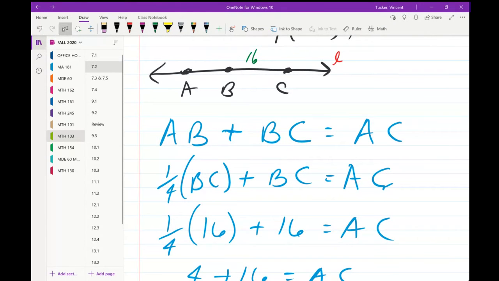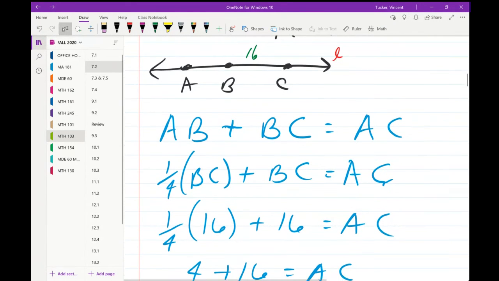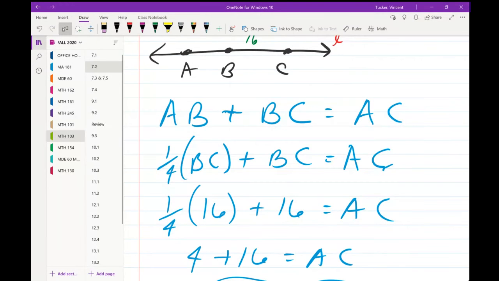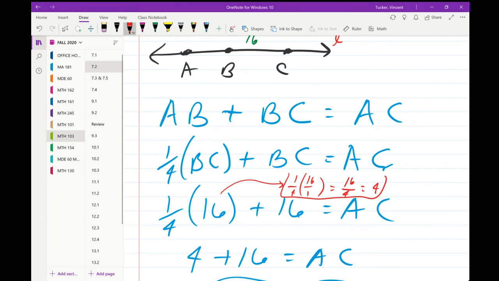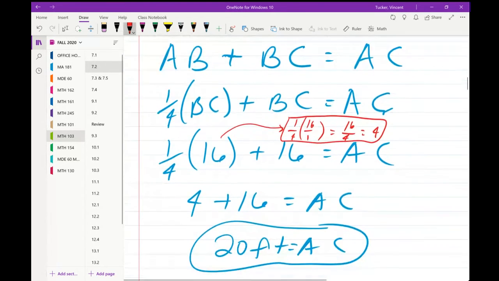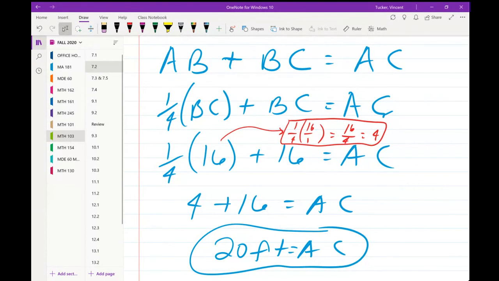We plug in the 16 for BC. 1/4 of 16 is the same thing as 1/4 times 16 over 1. You multiply across: 16 divided by 4 is equal to 4. So that's where we got that 4 from. And then 4 plus 16 is 20 for AC.